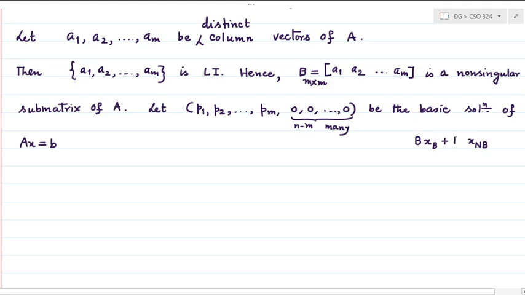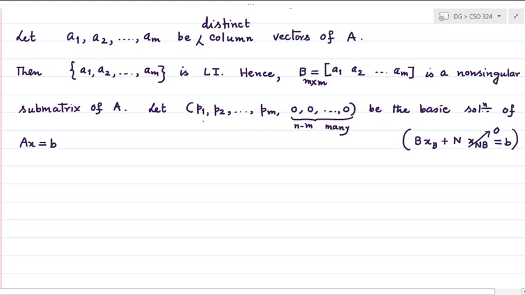Then let's suppose the matrix is B, and you put xN equal to 0. The way to find a basic solution that I am describing here is by taking xB equal to B inverse b, and you have obtained a solution that will be a basic solution indeed.